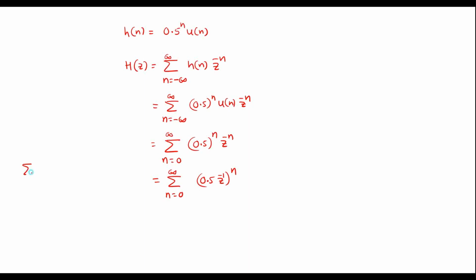We know that summation n is equal to 0 to infinity alpha power n is equal to 1 upon 1 minus alpha. Here alpha is nothing but 0.5 z inverse. Therefore, h of z is equal to 1 upon 1 minus 0.5 z inverse. Thus we found h of z value.